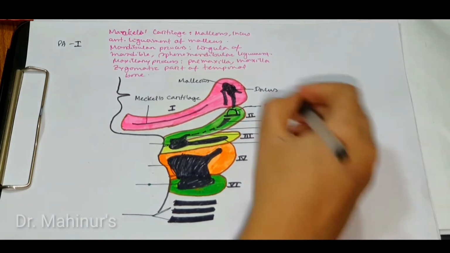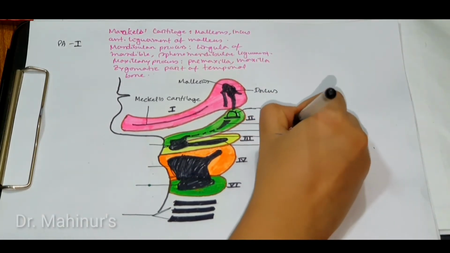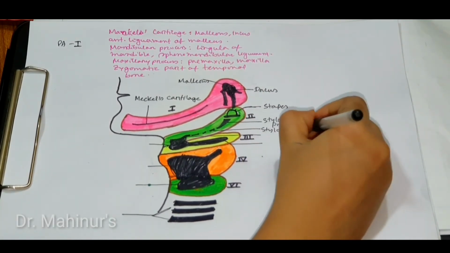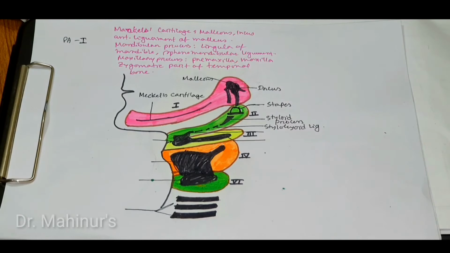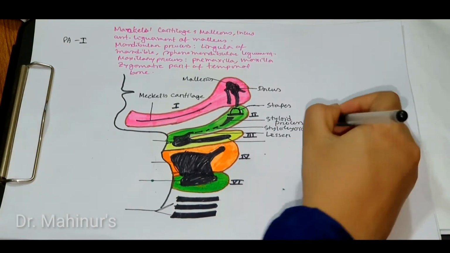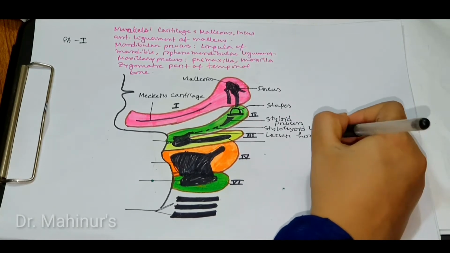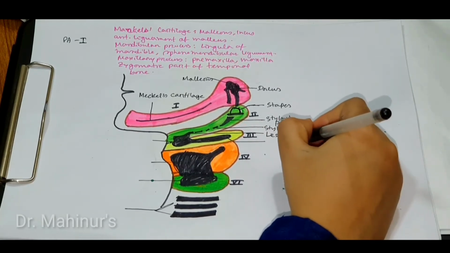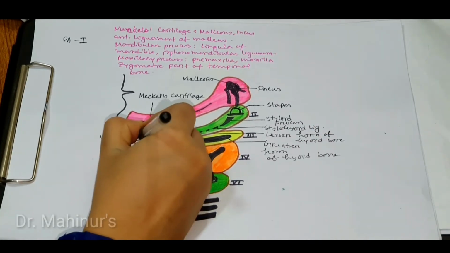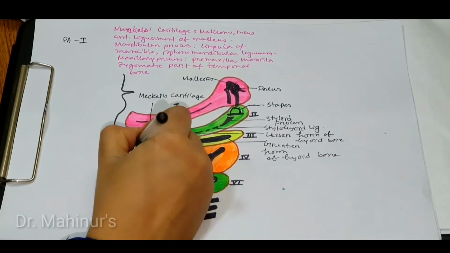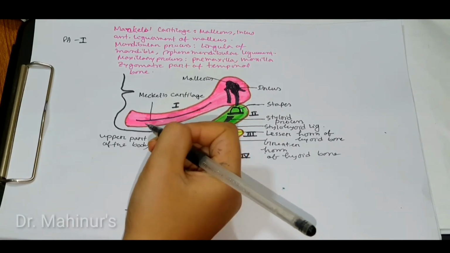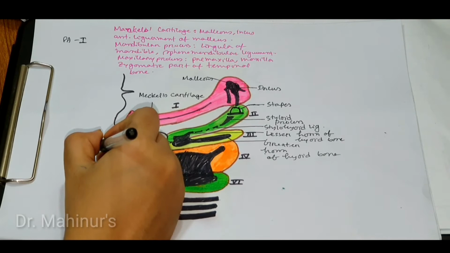So this one is a stapes, styloid process, stylohyoid ligament, lesser horn of the hyoid bone, and this one is the upper part of the body of hyoid bone.